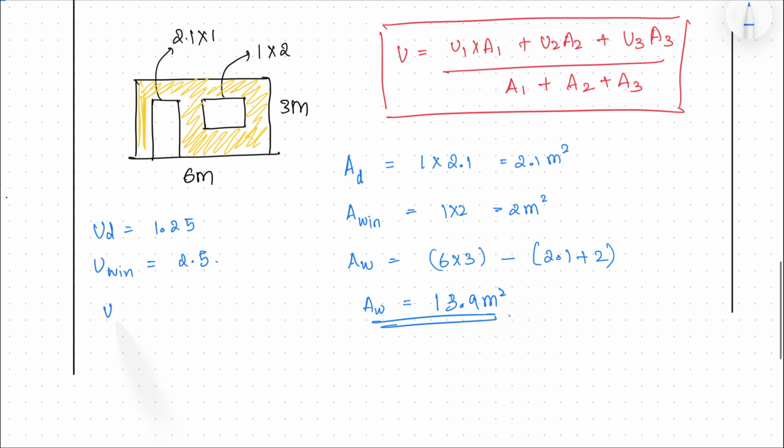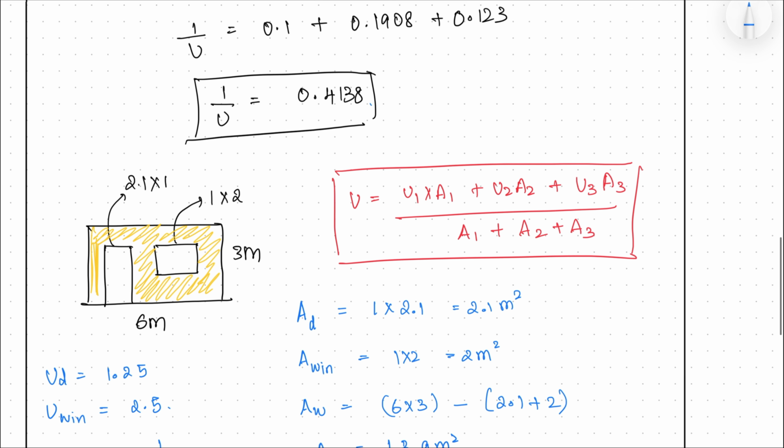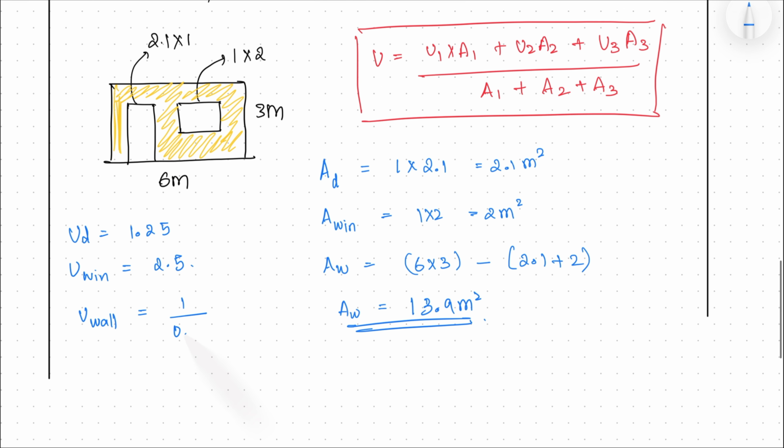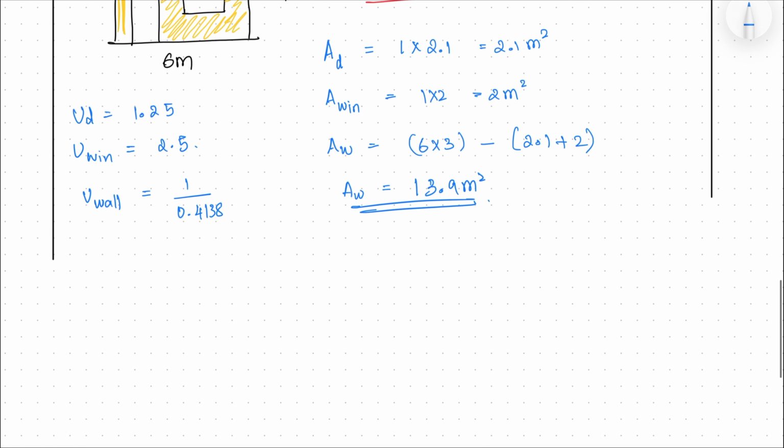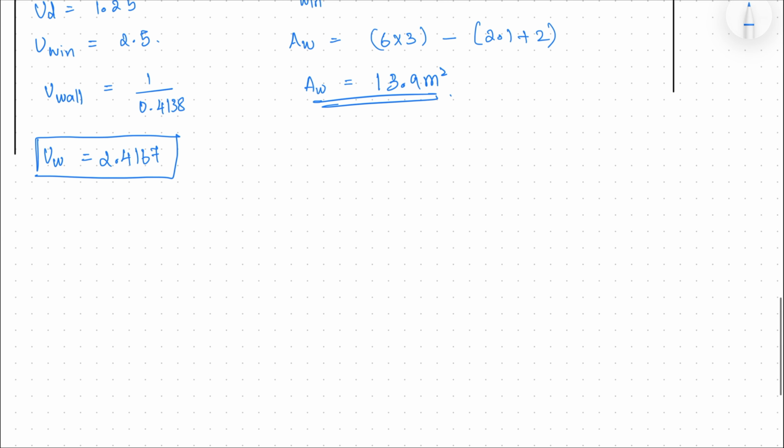U value of the wall would be 1 by 0.4138, which would give you 2.4167. So we have all the given, we found all the components of the formula. Let's just put it to it.